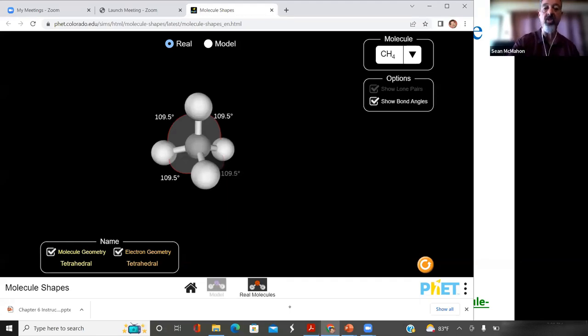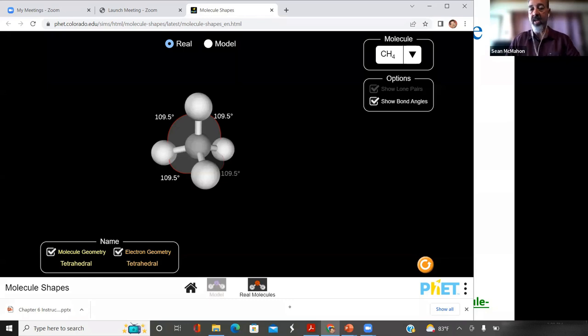The bond angles are all 109.5 because 4 electron groups. The tetrahedron is the best way to maximize the bond angle and minimize repulsion. The electron geometry is tetrahedral, but so is the molecular geometry. Why? The molecular geometry is the exact same as the electron group geometry if there's no lone pairs on the central atom.